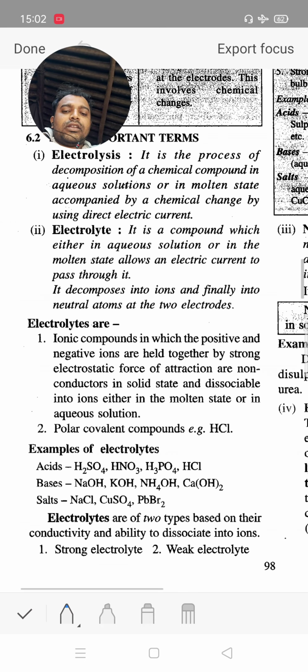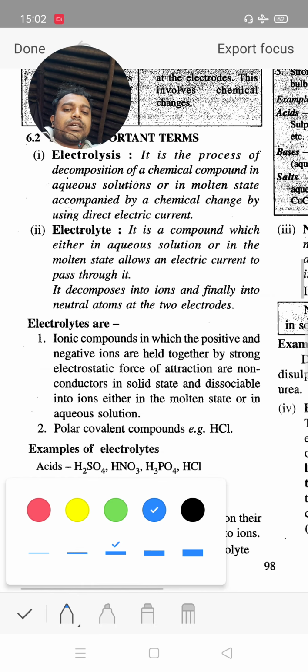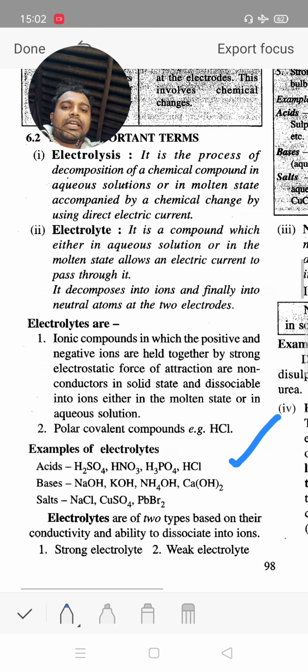Examples of electrolytes: acids such as sulfuric acid, nitric acid, phosphoric acid, HCl. These are examples of acids, and they act as electrolytes.